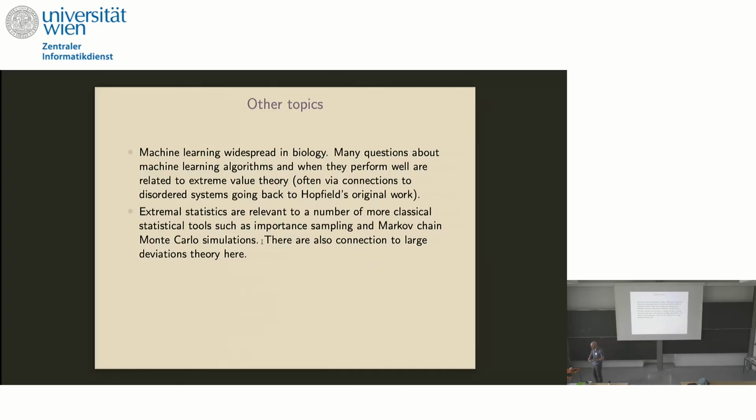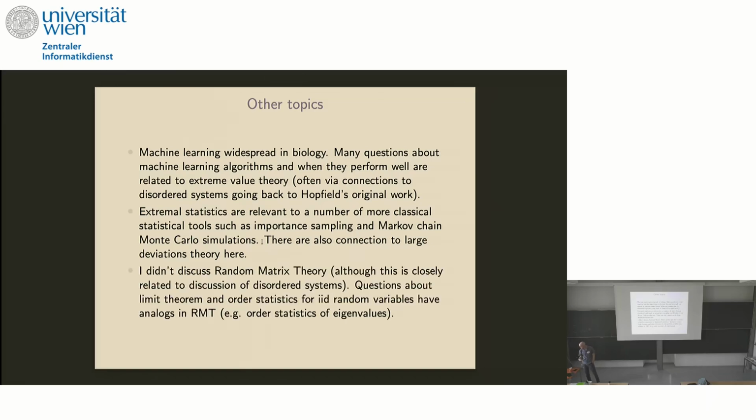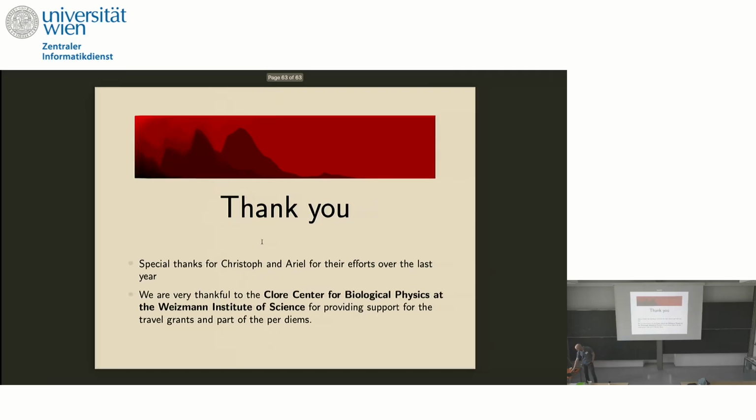It's not really extremal statistics in biology, more data analysis in biology, I guess you could say. And I also didn't say anything about random matrix theory, but a lot of the questions I talked about mathematically have analogs in random matrix theory, things like ordering of eigenvalues and extreme eigenvalues. So hopefully that gives you a sense of the scope of this field and how the mathematics and the biology have interacted with each other.